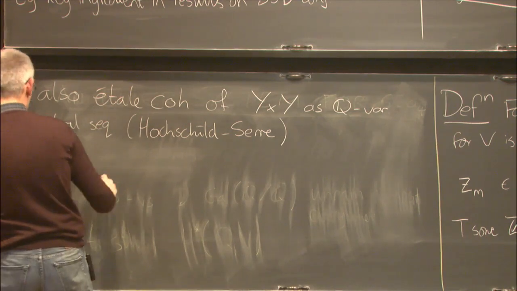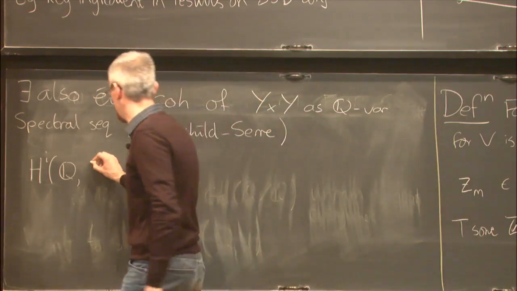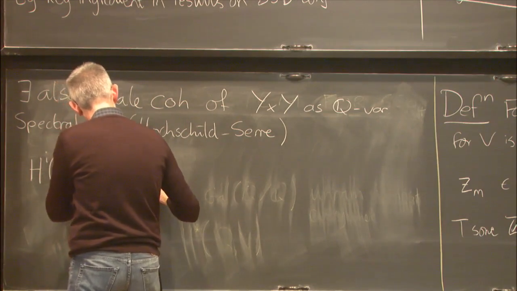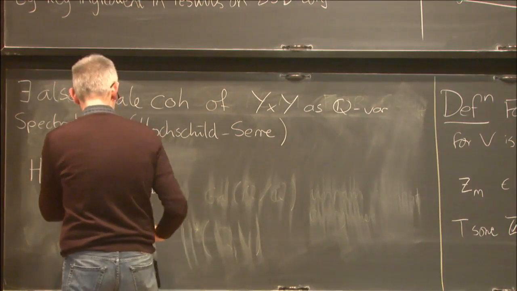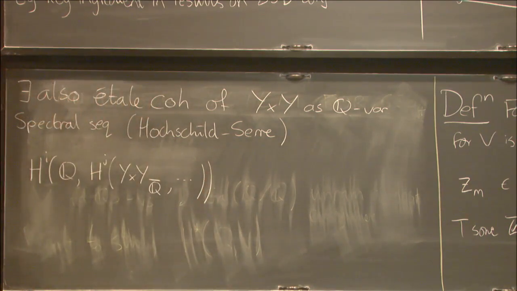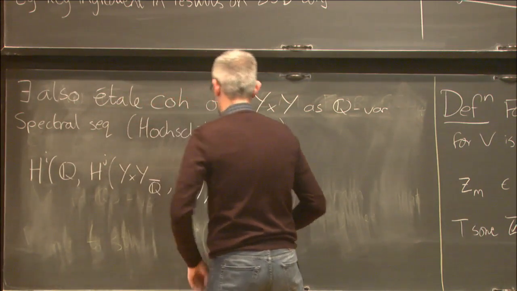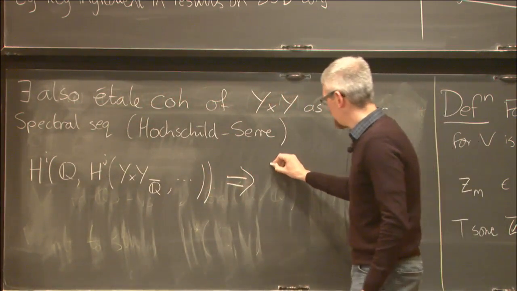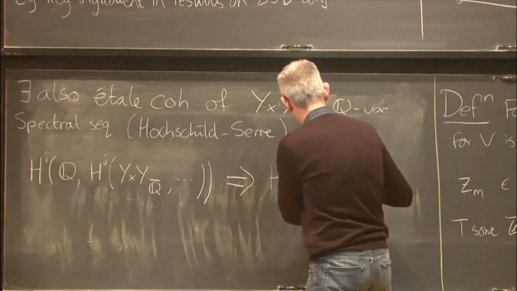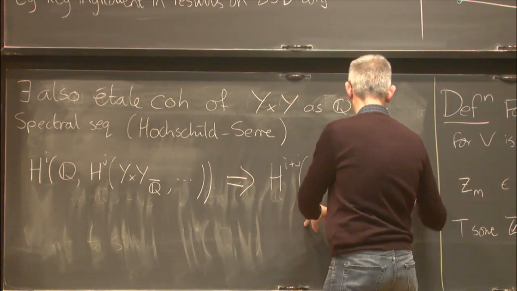As the E2 term, I have the Galois cohomology of the Galois representation I wrote up there. Étale cohomology over Q bar. Let me not write the coefficients because they're going to be the same on both sides and it doesn't matter much. And this spectral sequence converges to the étale cohomology of the Q variety. The same coefficients.